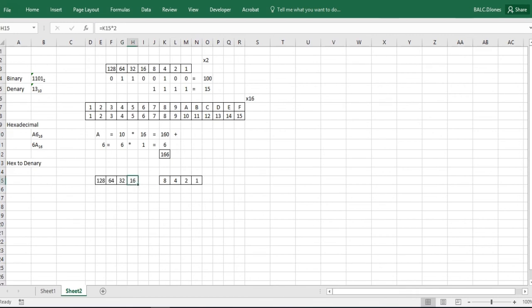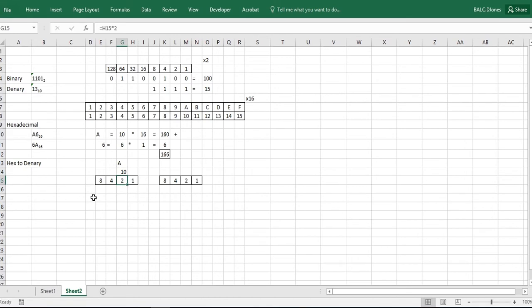Instead of using 1, 2, 4, 8, and then 16, 32, 64, 128, I'm just going to change that, so I've actually got 2 lots of nibbles: 1, 2, 4, and 8, then 1, 2, 4, and 8. I'm going to take our A and leave that here. We know that A is equal to 10.